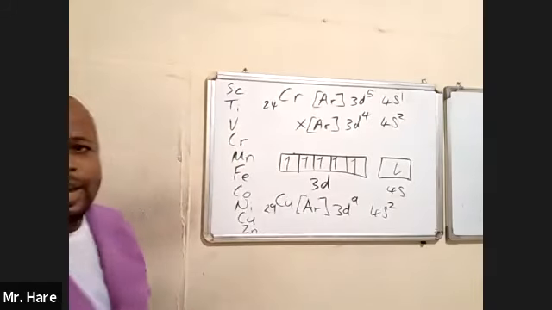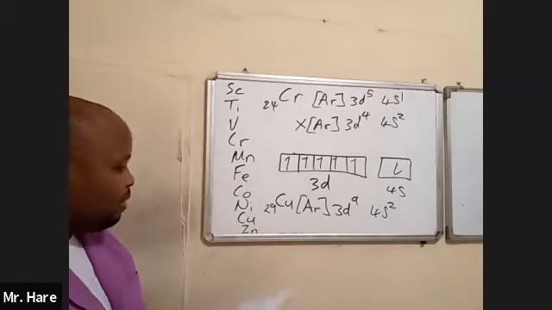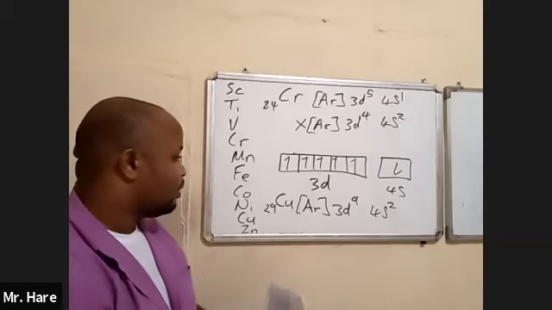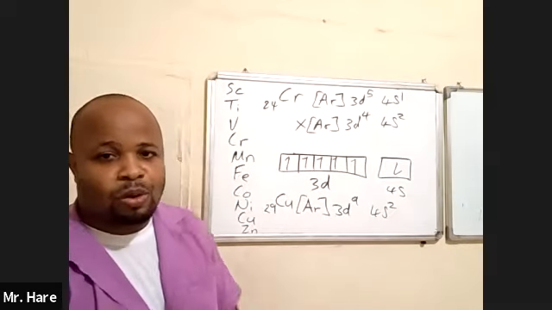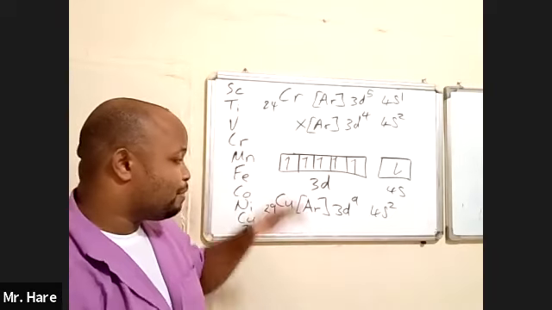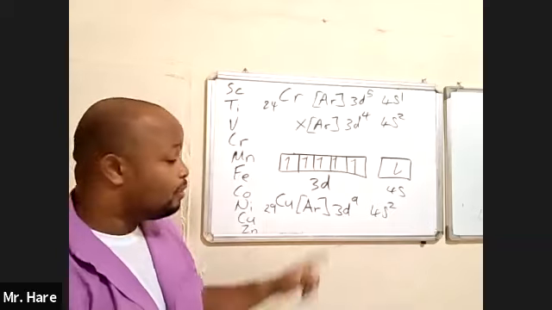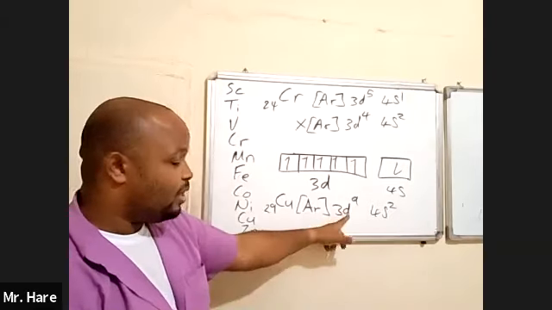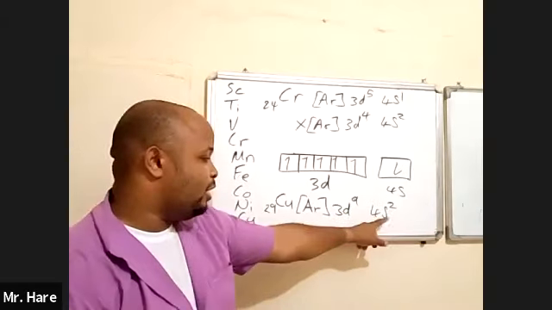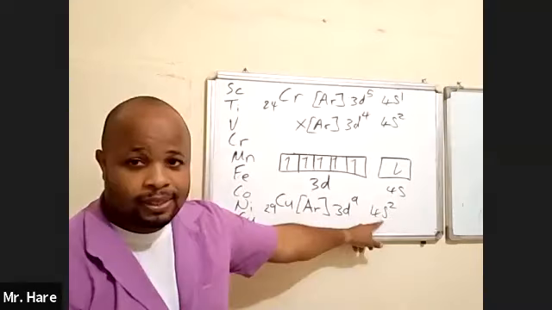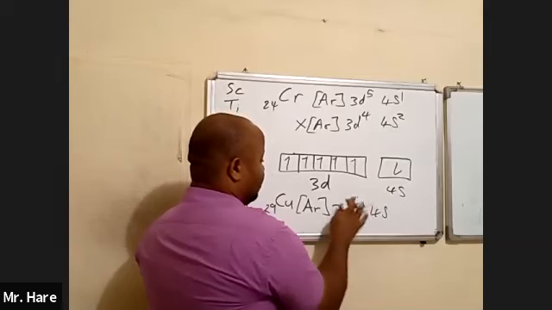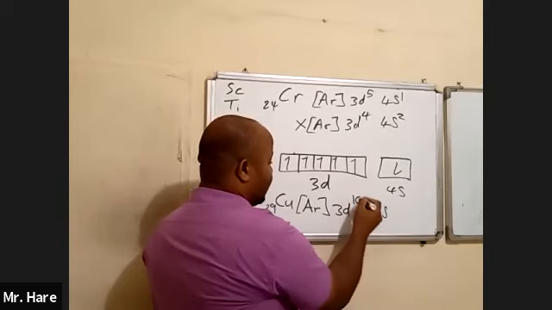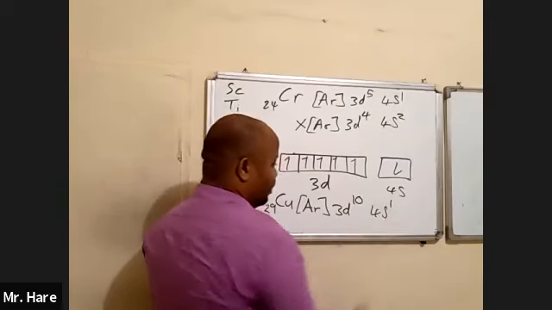So this is what we expect it to be. However, the 4s is actually lower in energy than the 3d orbital. So for copper, you fill the 3d before you fill the 4s. So that is why with copper, it's 3d10, 4s1.